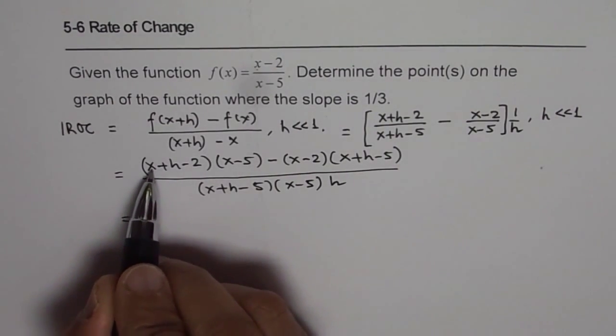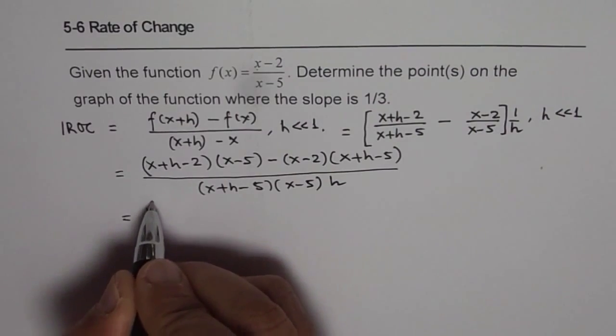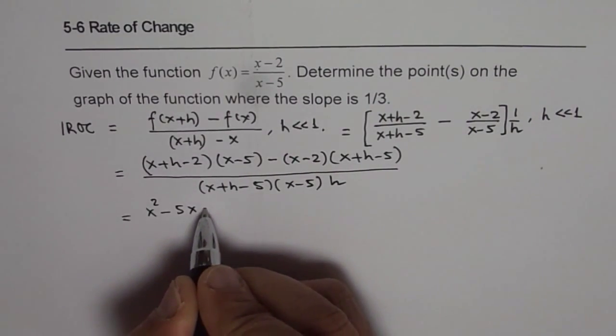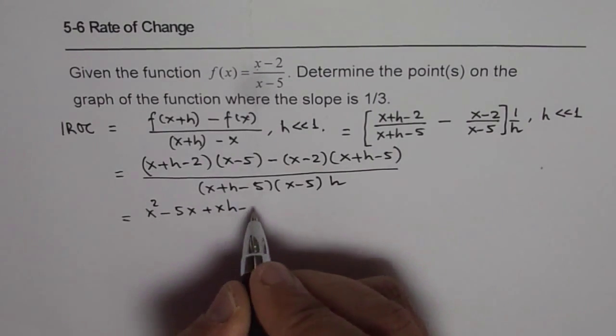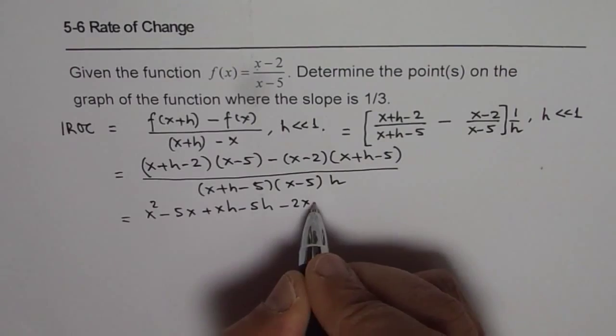So we'll multiply first by x and then by these three terms. So we have x squared - 5x, then we have + xh - 5h, and then we have - 2x + 10.